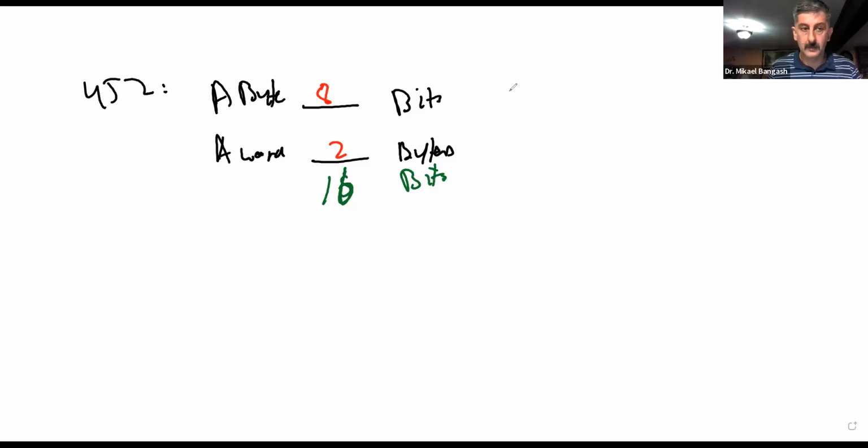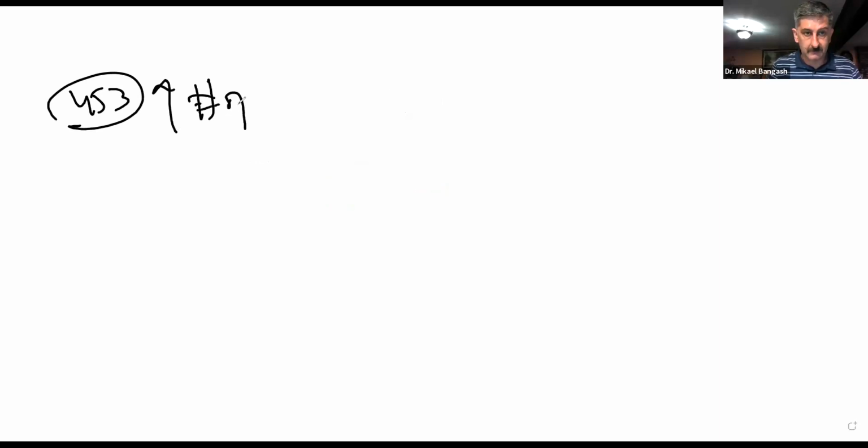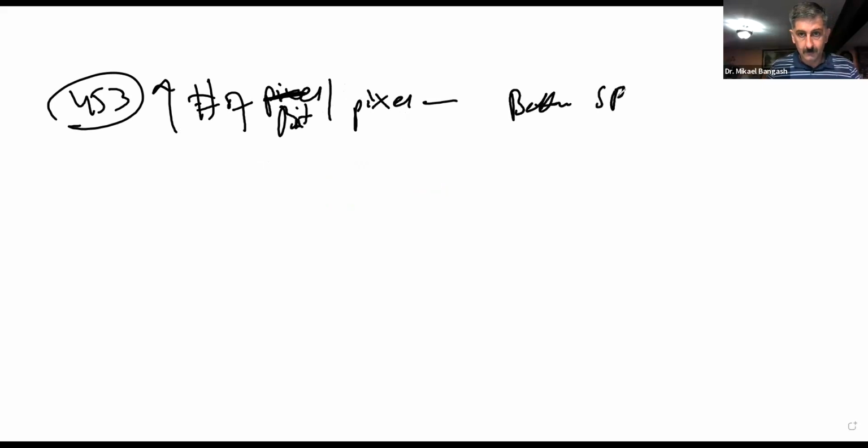Question number 453. Now greater number of bits per pixel, will that lead to a better spatial resolution?